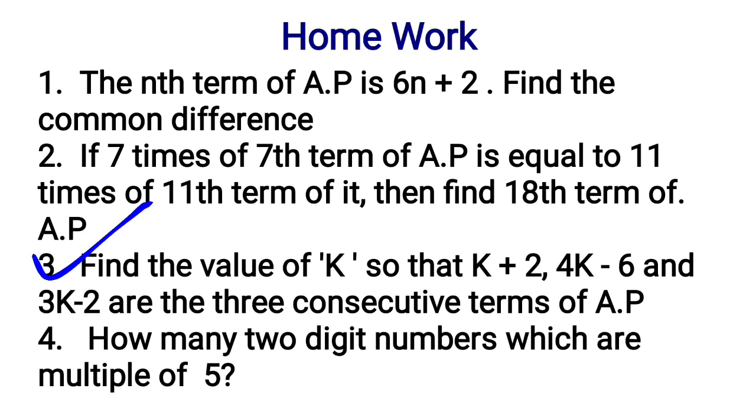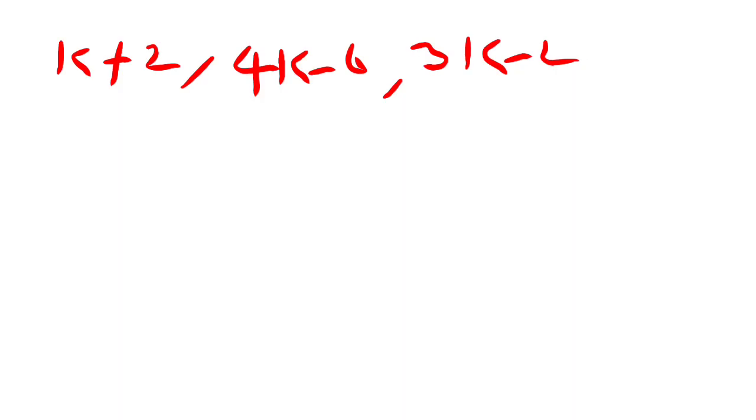Next, coming to the third question, very important. Find the value of k so that k plus 2, 4k minus 6 and 3k minus 2 are three consecutive terms of an AP. Consecutive means serial terms. So these three are consecutive terms of the AP. So that means definitely these three terms will follow the common difference.